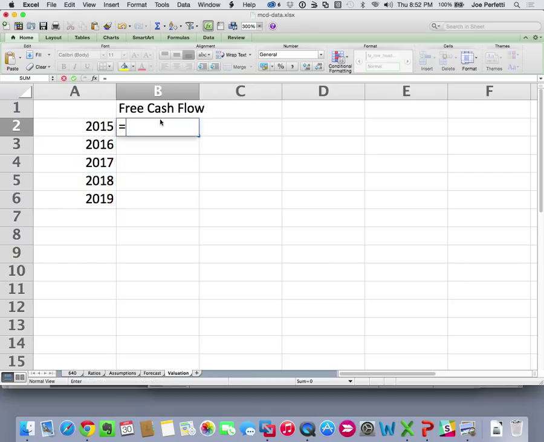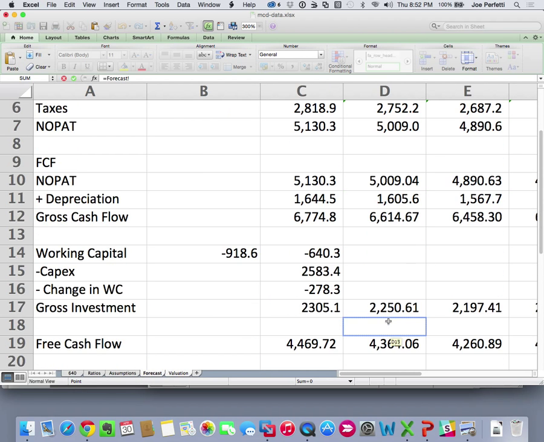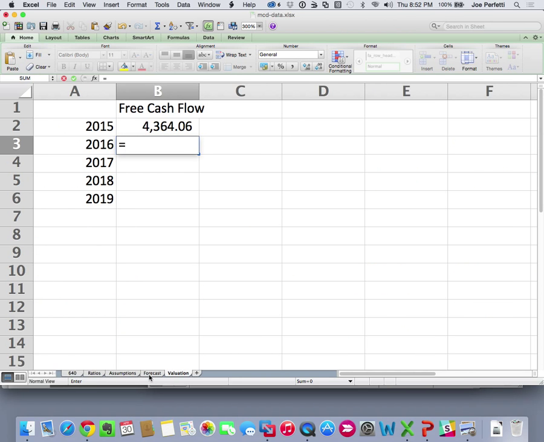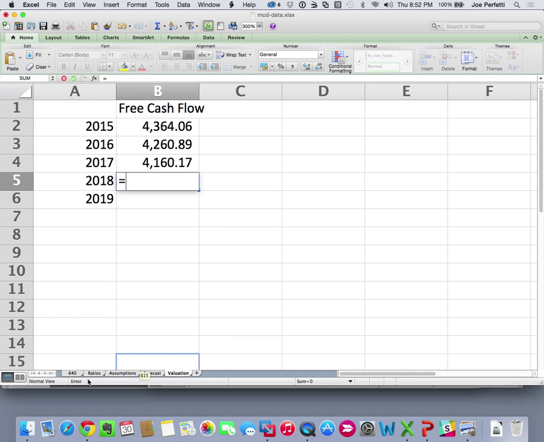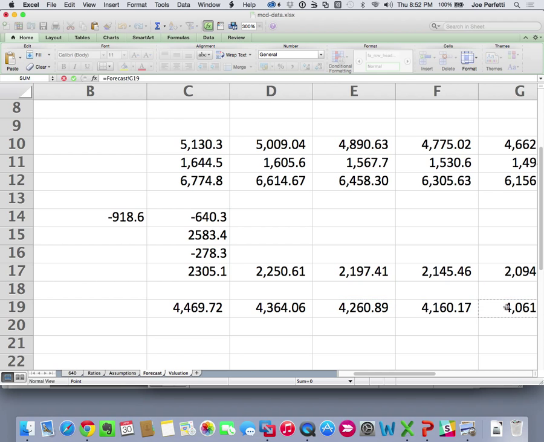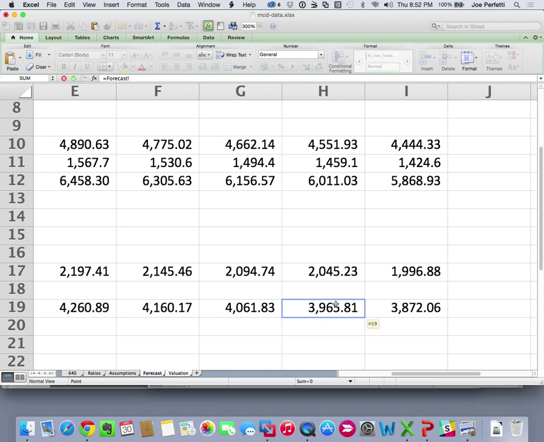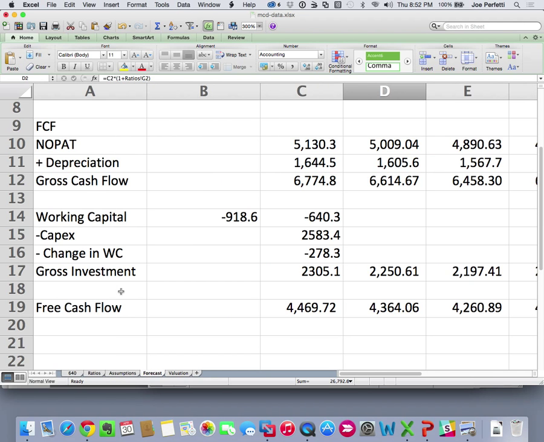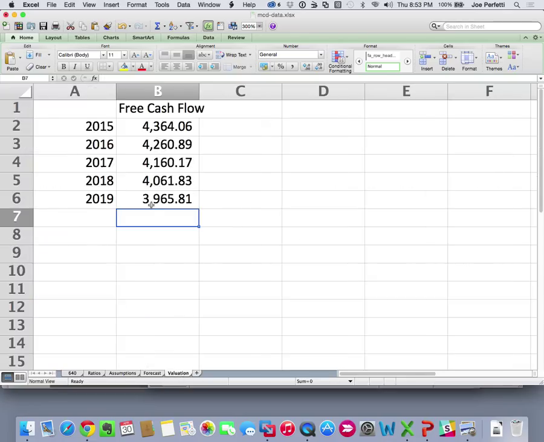My 2015 free cash flow is this number, 2015, column D; 2016, E; 2017, F; 2018, G; 2019, H. Okay, so I'm just taking and transposing this column year by year into these 5 free cash flows.